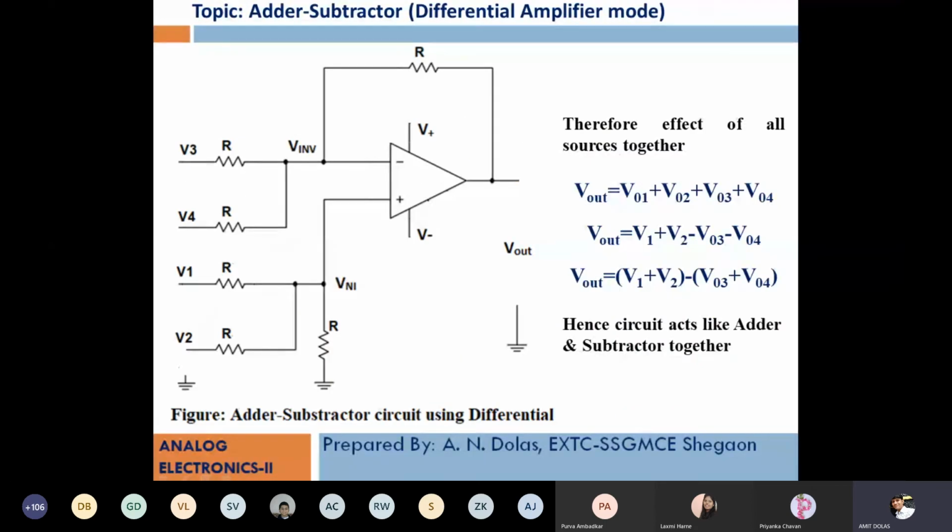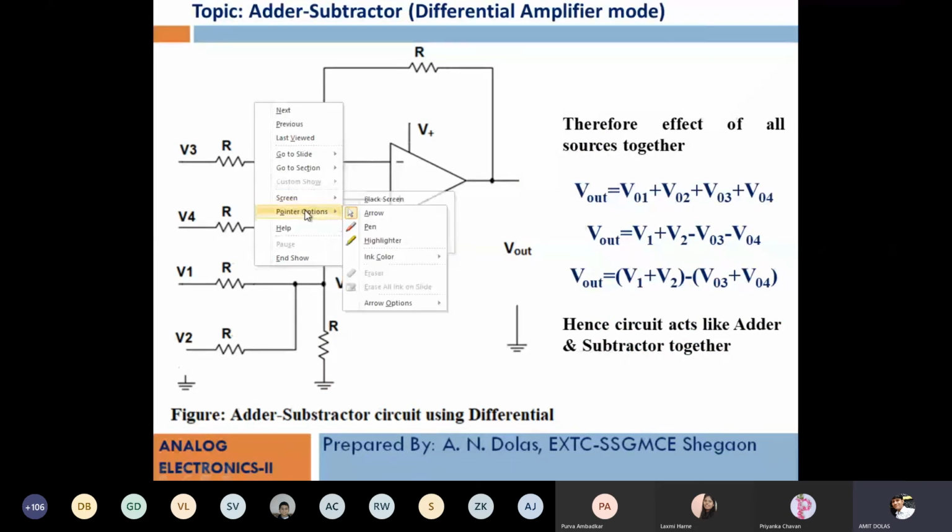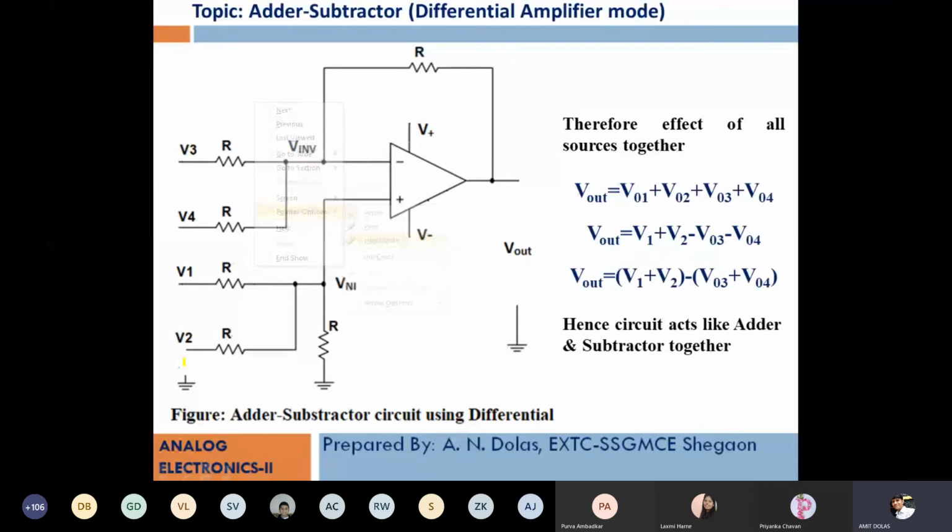I came back to the original circuit, where the figure shows the adder and subtractor circuit. I'm looking at all the effects together, V1, V2, V3 and V4 in this circuit. That's why I mentioned V out. So V out will be equal to the effect of source 1 V01 plus source 2 V02 plus source 3 V03 plus source 4 V04.